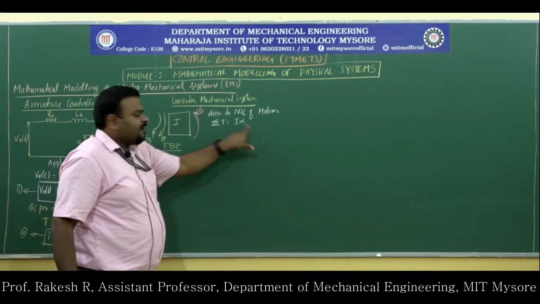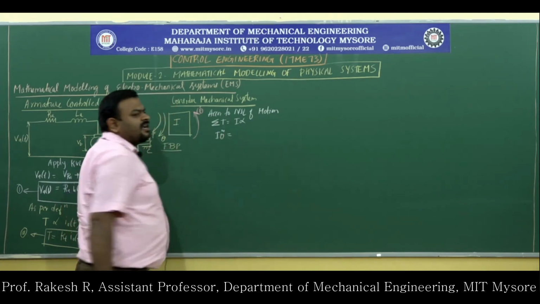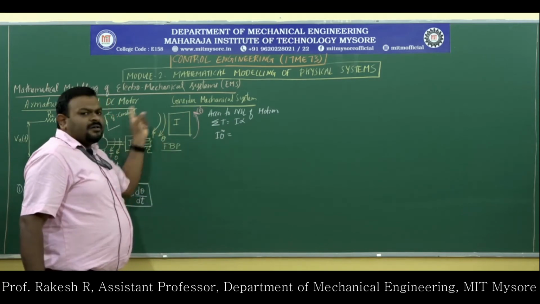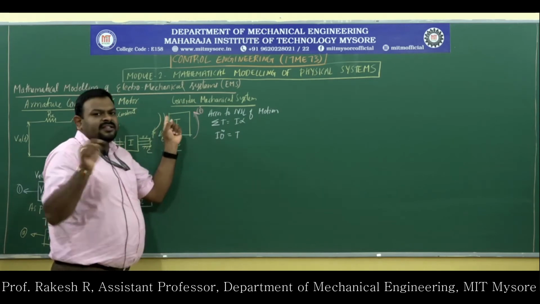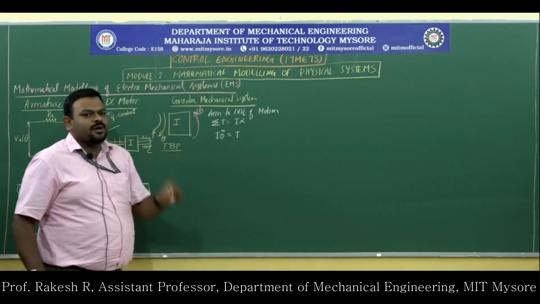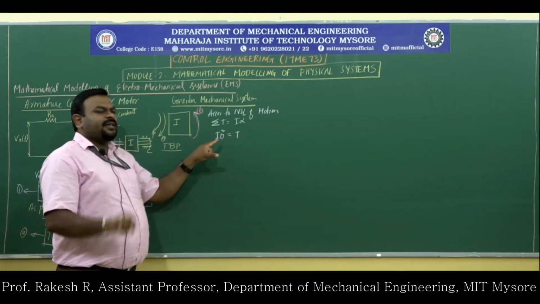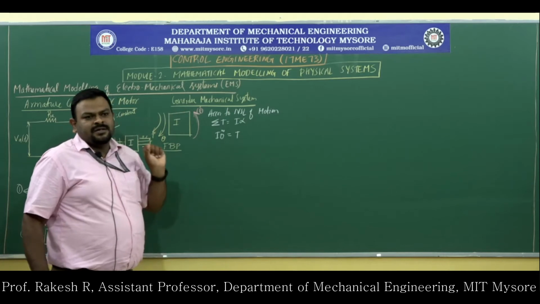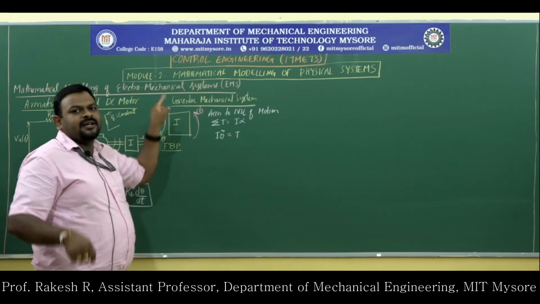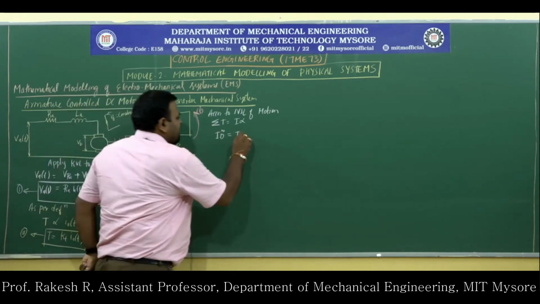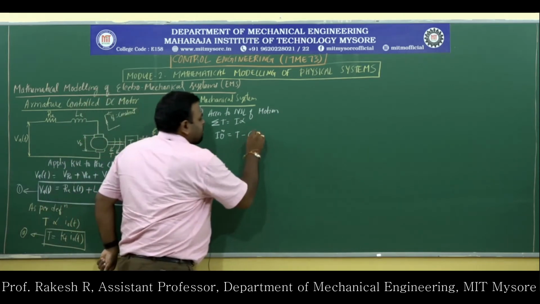So I alpha, that is I theta double dot, will be equal to the summation of torques. Forces acting in the direction of theta are taken as positive, and torques acting opposite to theta are taken as negative. Here T acts in the direction of theta, so it is positive, minus C theta dot, which acts opposite to theta, taken as negative.